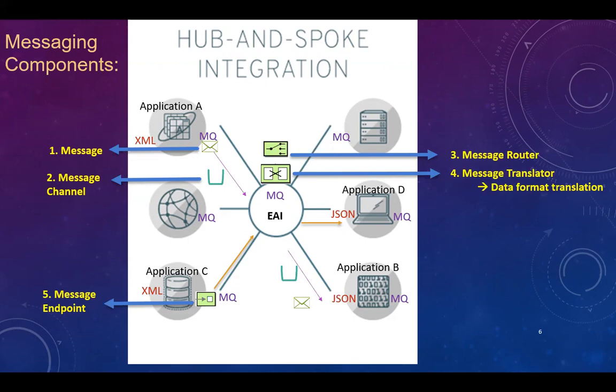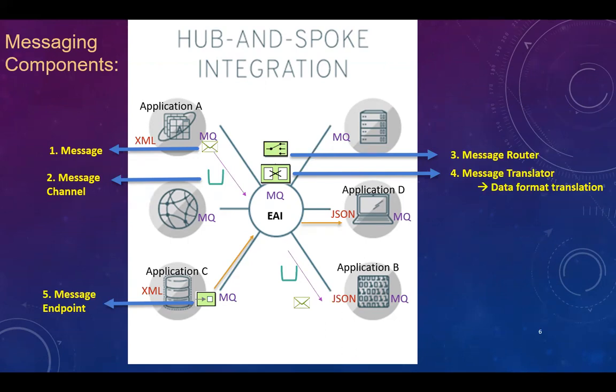In that scenario, we have to write a common piece of code that understands the legacy system as well as being able to communicate with the messaging system. I would say it's a kind of bridge which connects application C and the messaging system. That kind of bridge is what we call a message endpoint.